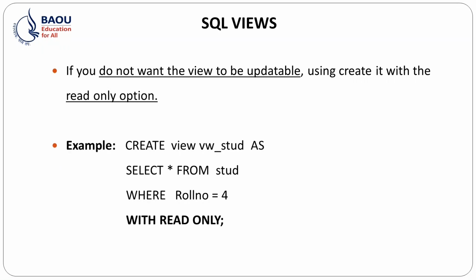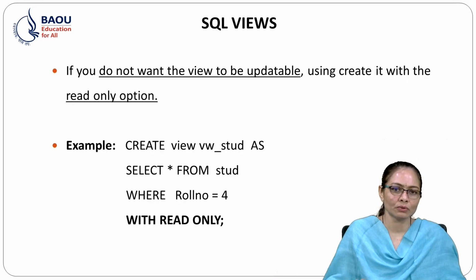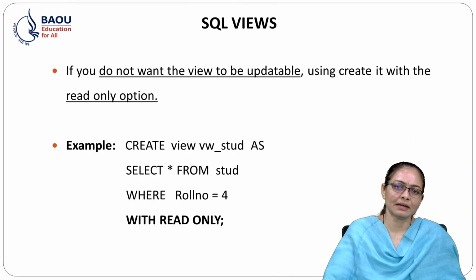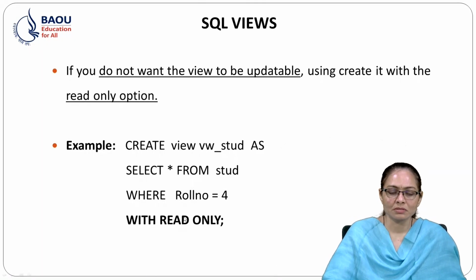Example: create view view name as select star from student where roll number is equal to 4 with read only. This option is used if you do not want the view to be updatable. Here we create a view named vw_stud.